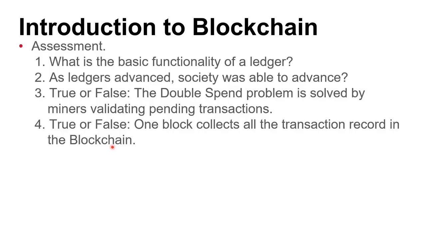What is the basic functionality of a ledger? Think about what that is. And how did ledgers help society advance? So let's think about that. And the double spend, how is that solved by the miners? Because we talked about miners in the previous lesson.